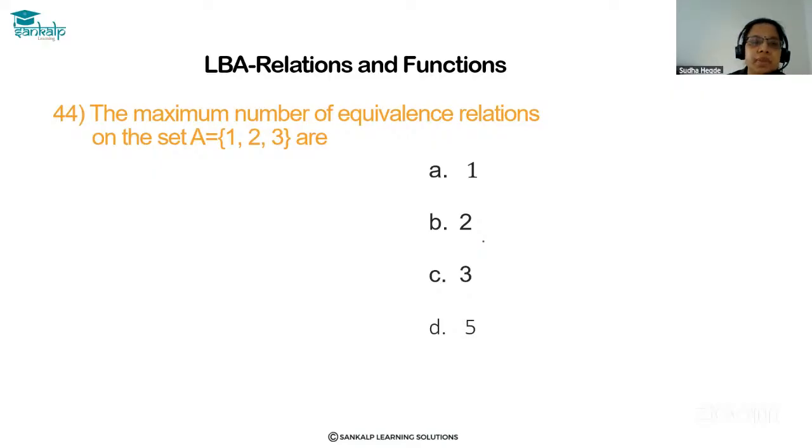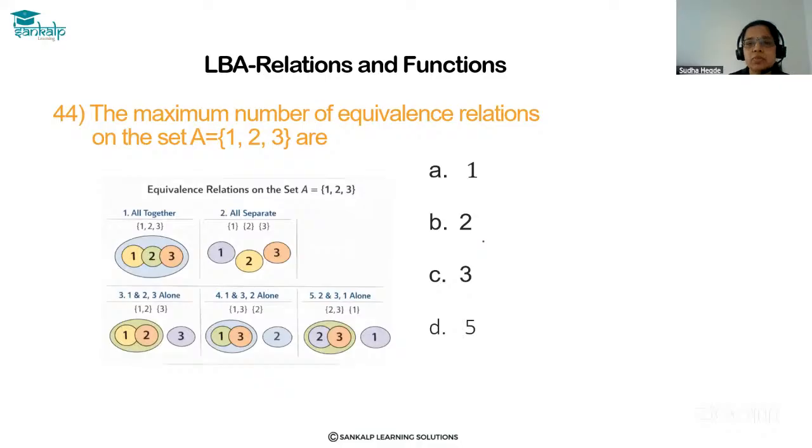Hi everyone. The question is, the maximum number of equivalence relations on the set A equal to {1, 2, 3} is. Okay, set A is equal to {1, 2, 3}.